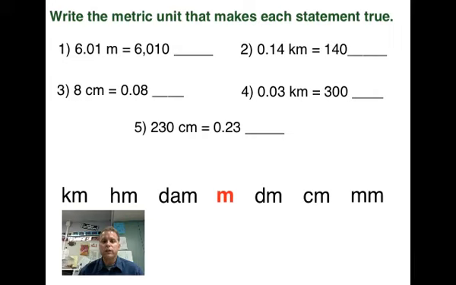How far over do you move the decimal point? You're basically moving it from behind the 6 to behind that second 0, so 3 spots. So that would be 3 spots to the right would give me millimeters. Would you try the other 4 problems and see if you can get the right unit? So this would be a time to pause the video.